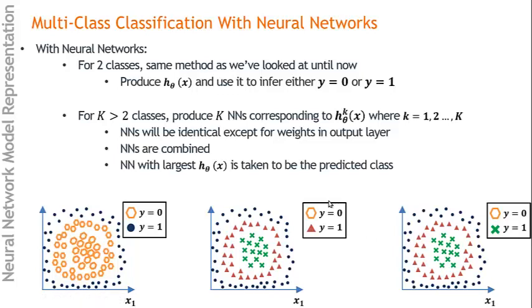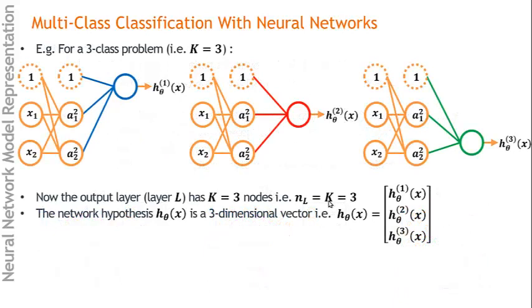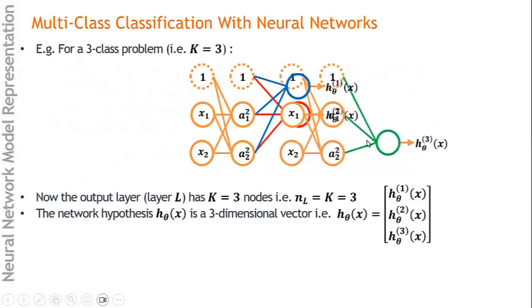I could use one network for this, one network for this, and one network for this. But why not, instead of having 3 networks, just have one network with 3 outputs? So here you have 3 networks. We're going to share some weights. So this would give me h1, this gives me h2, this gives me h3, and we put them all together.